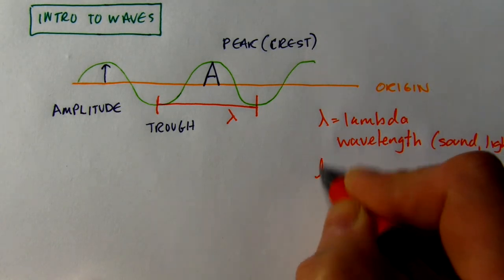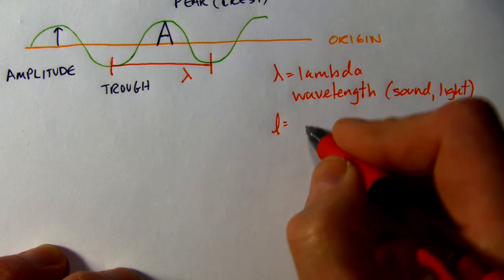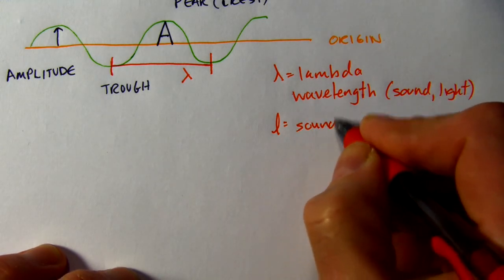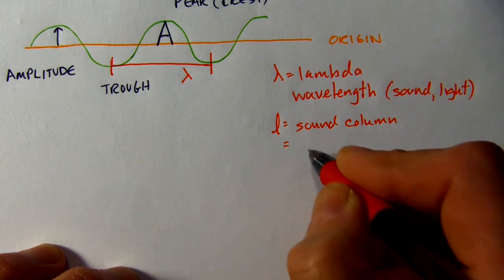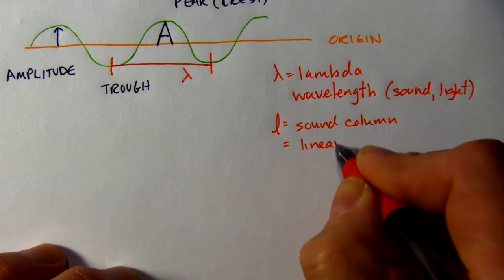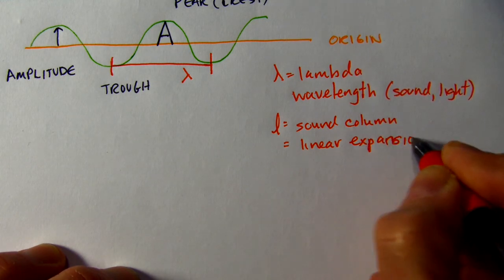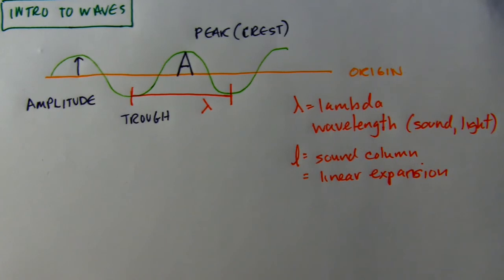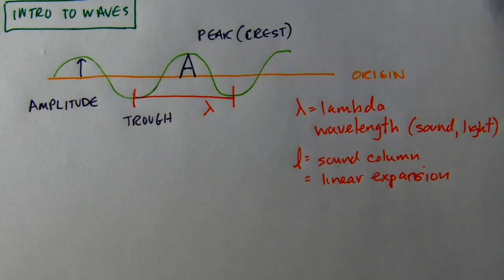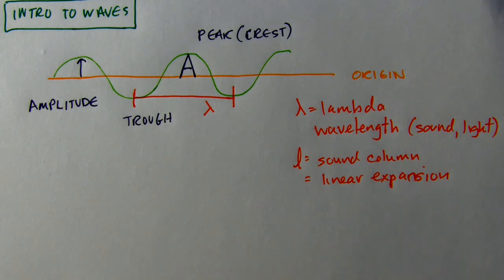Generally the letter L can be the length of a sound column, but it's also used for the concept of linear expansion and so on. So we just have to be careful, because you could use the letter L or you could use lambda when we're talking about waves. All right, so you wouldn't use lambda for linear expansion and so on. Just some general ideas there.